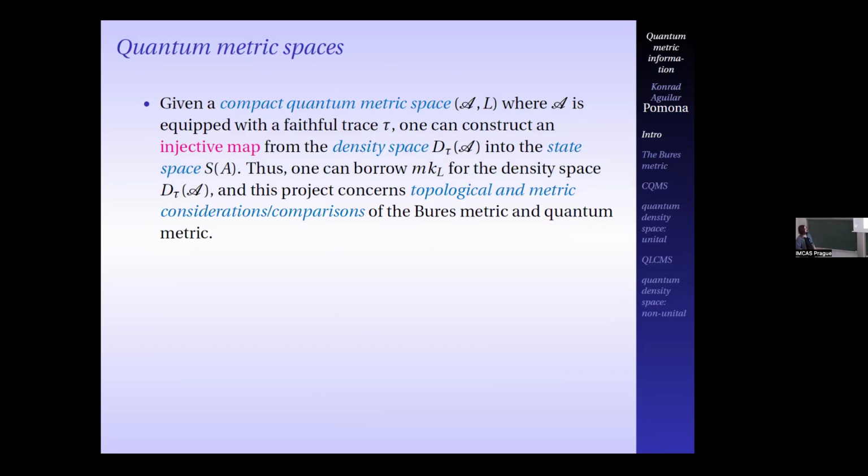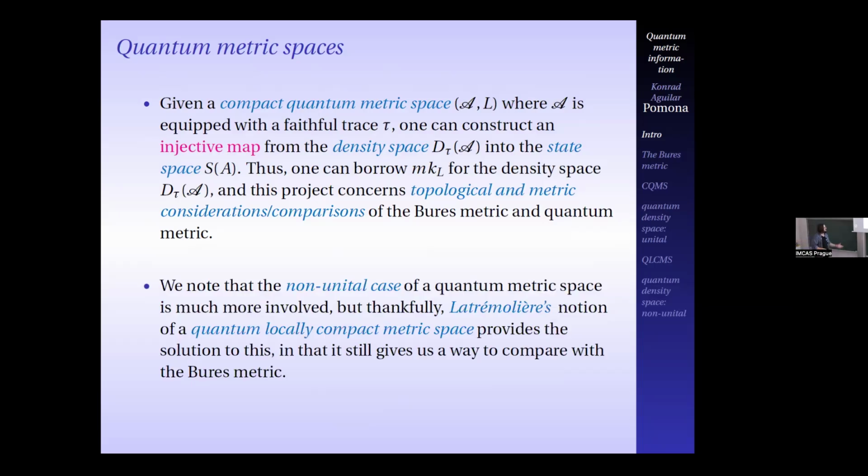I will also mention before we move on that we're going to work with both the unital case and the non-unital case. How do you work with the non-unital case? You can't work with compact quantum metric spaces, but thankfully in 2012, Latrémolière introduced the notion of a quantum locally compact metric space, which allows us to do the same trick there to give us a new metric even in the non-unital case.